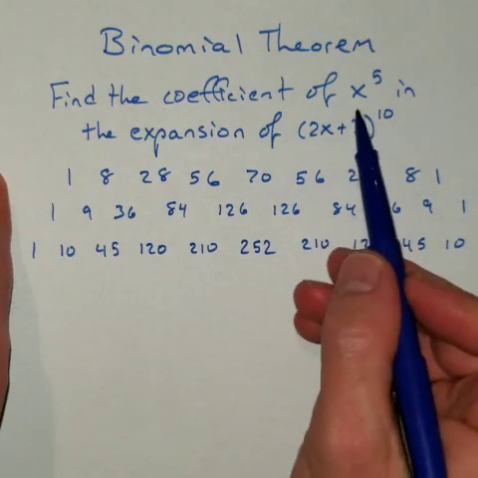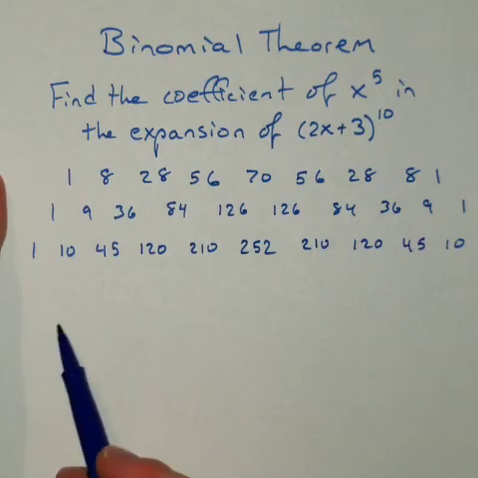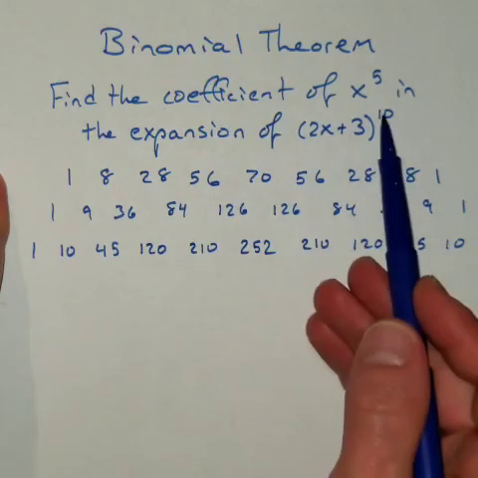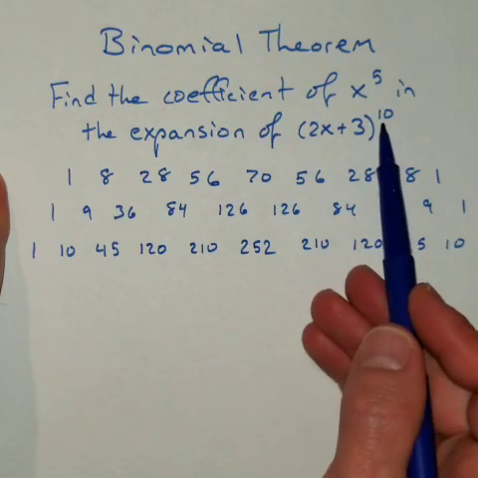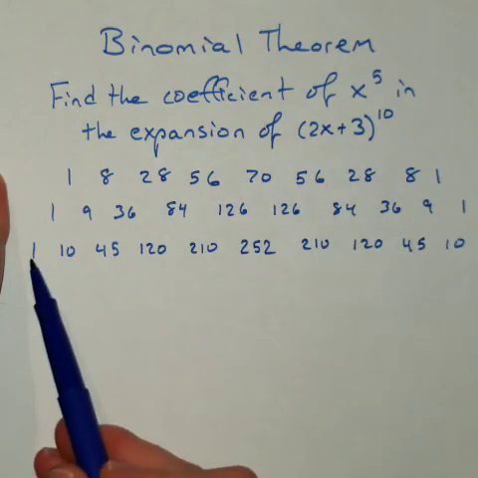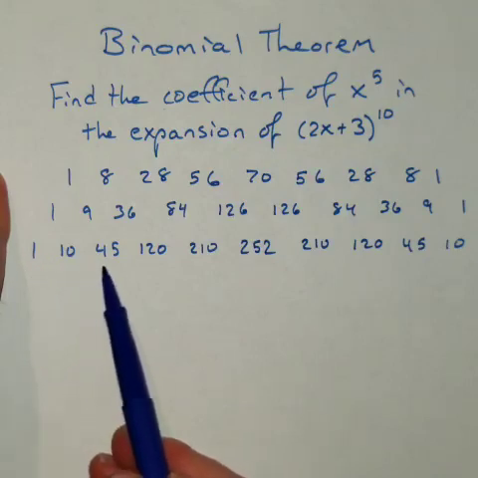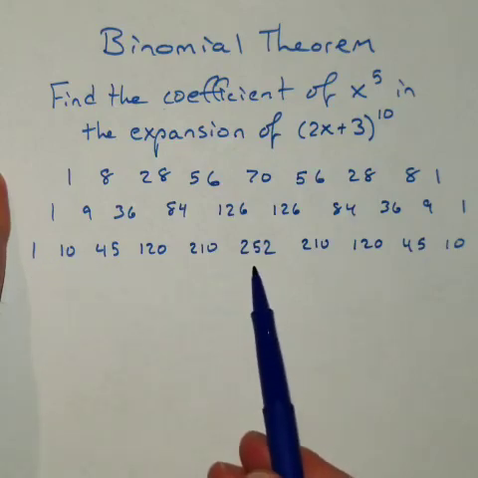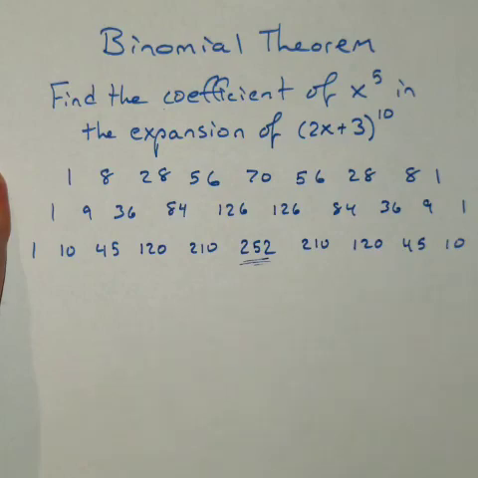Now I only need the coefficient of x to the 5th. So remember, it's going to start at 10, with the first term starting at 10 and then decreasing. So 10, 9, 8, 7, 6, 5. So it's the middle term. So I want that guy right there, the 252.